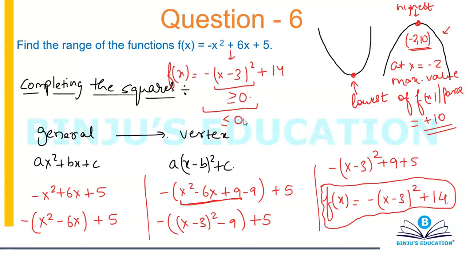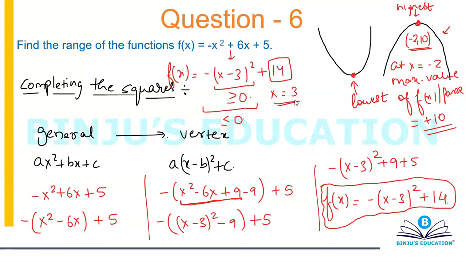So if I want to calculate the maximum value of negative (x minus 3) whole square plus 14, the maximum value is this 14. And that will be when x is equal to 3. Because take any other value of x apart from 3, that negative (x minus 3) whole square will always be negative.